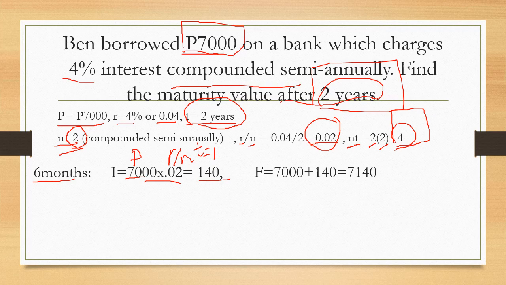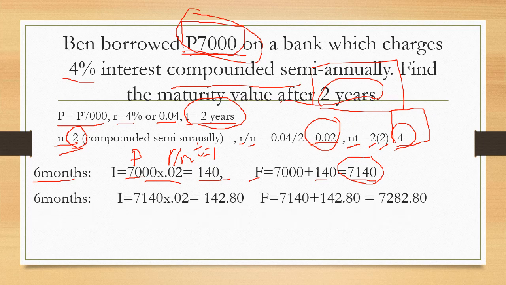Meaning, for the first 6 months, the 7,000 pesos of Ben earns an interest of 140 pesos. Now, for the future value, simply add the principal plus the interest. So 7,000 plus 140, we will now have 7,140 pesos. Meaning, after 6 months, the loan of Ben, which originally amounts to 7,000 pesos, is now equivalent to 7,140 pesos. That's only for the first 6 months.